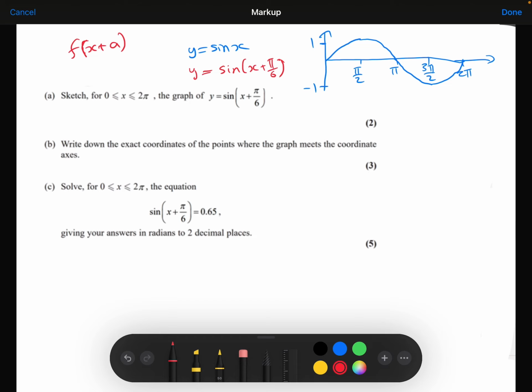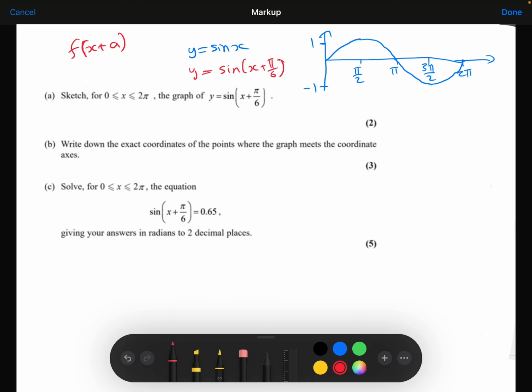So we are going to subtract pi over 6 from all of the x coordinates. So the x coordinate here was 0. We'd subtract pi over 6 from that, and so it would move to minus pi over 6 here. So I'm just going to extend my graph back a little bit.